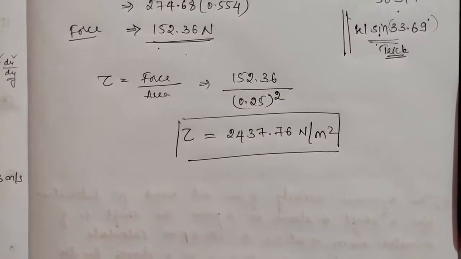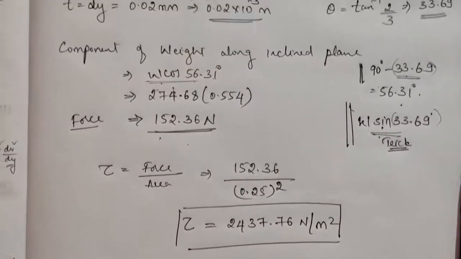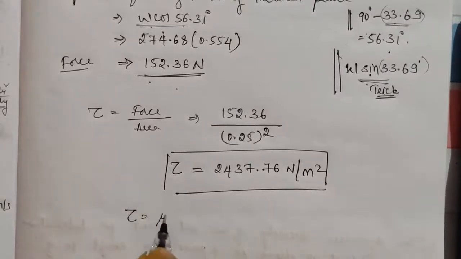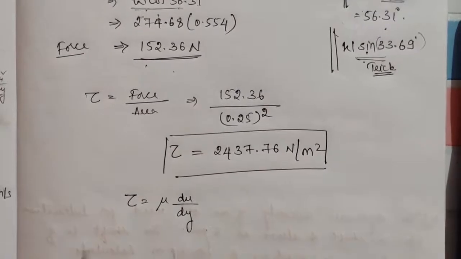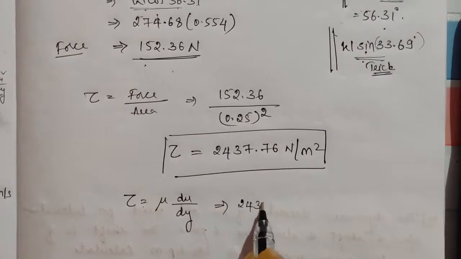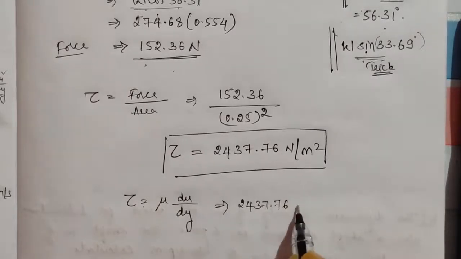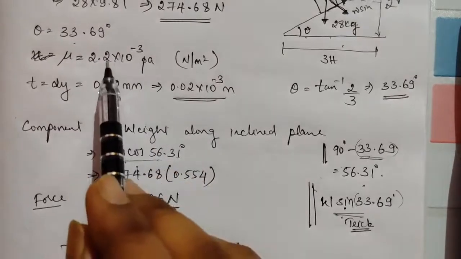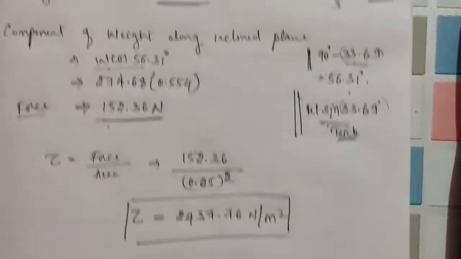What do I need to find? I need to find du, or u. So I have the formula, tau is equal to mu into du by dy. What is the value of tau? That is 2437.76. What is the value of mu? It's already given, 2.2.